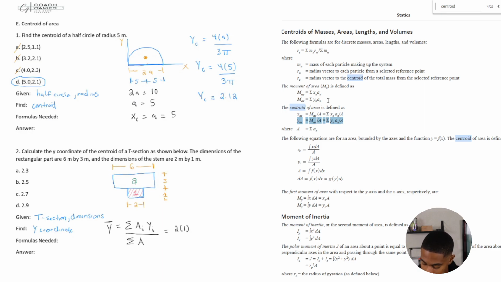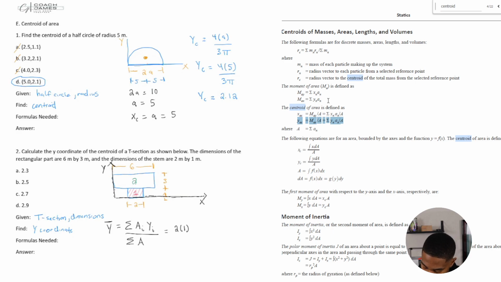And then we're going to multiply that by our y value. So what would be the centroid if we had a, let's say this is our x and y axis, right? So x axis, and this is our y axis.